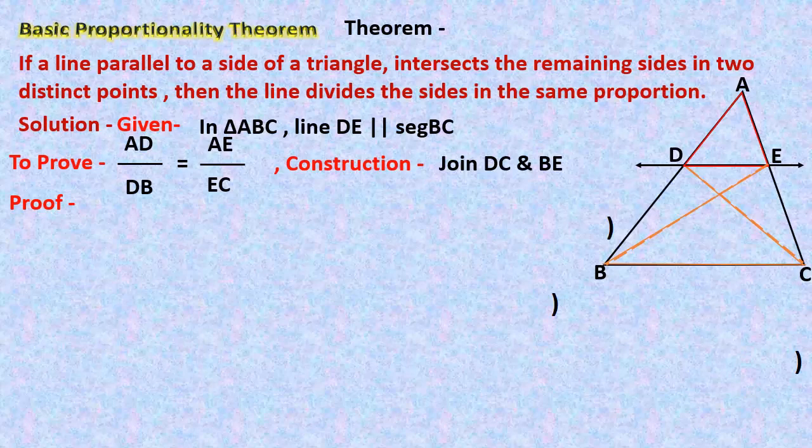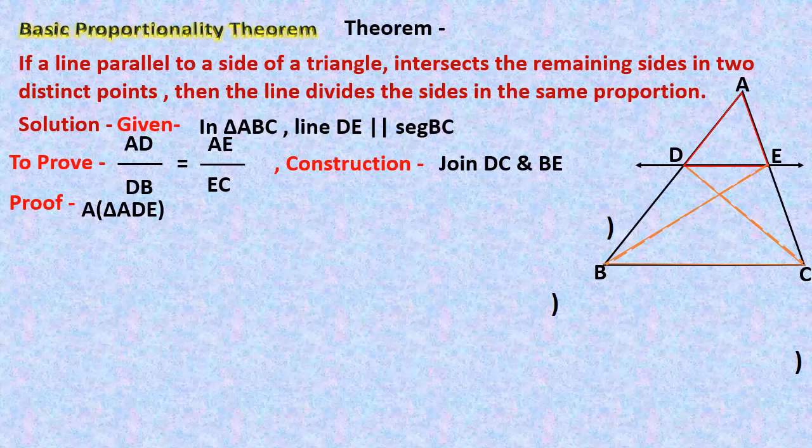In that, the LHS is AD upon DB. For that purpose, we consider the triangle on side AD, that is the area of triangle ADE, divided by the triangle on side DB.